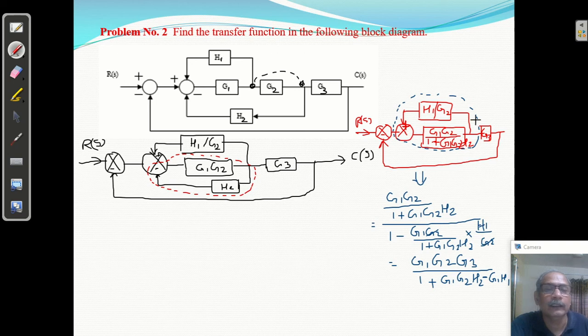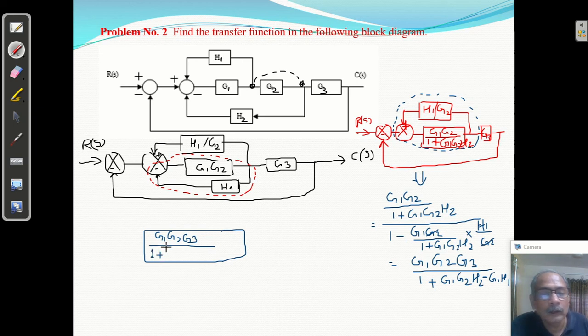Now you will get another diagram like this. Here G1 G2 G3 upon 1 plus G1 G2 H2 minus G1 H1.